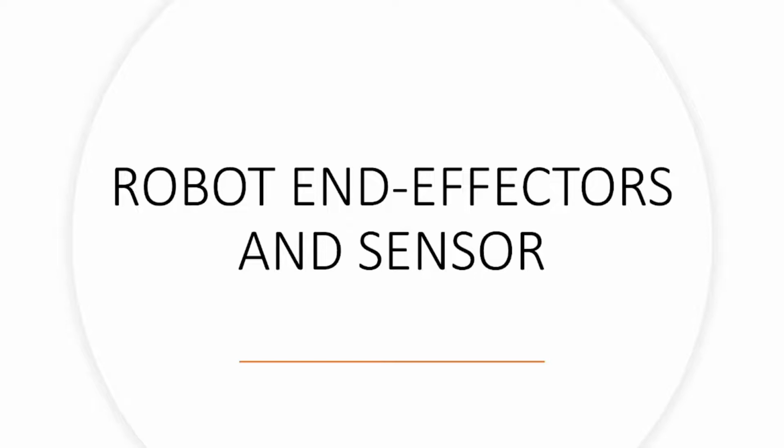You will say, ow. It's because your nervous system is getting a sensor signal that your skin is being pinched by something. So that's the reason you say ow and you remove your hand. Your hand is your end effector. For a robot, the hand is the end effector. For you, the sensor is the skin. For a robot, there are a few types of sensors. I will discuss them over here.